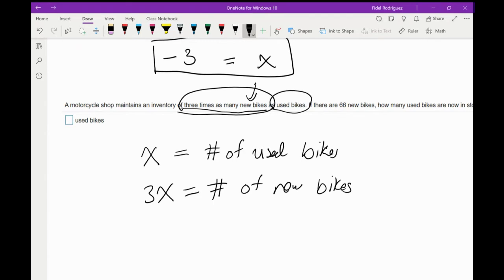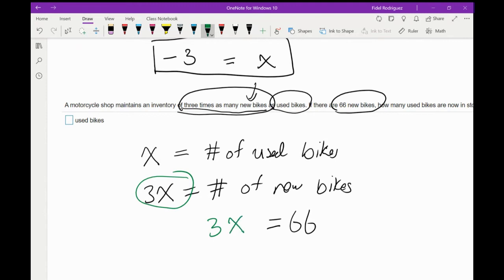Okay, so now it says there are 66 new bikes. So I'm going to write this out, 66. Remember, that's the number of new bikes. But remember what we're also calling the number of new bikes. We're calling the number of new bikes 3x. So 3x is equal to 66, and I'm trying to find how many used bikes I'm going to have, which is just my x.